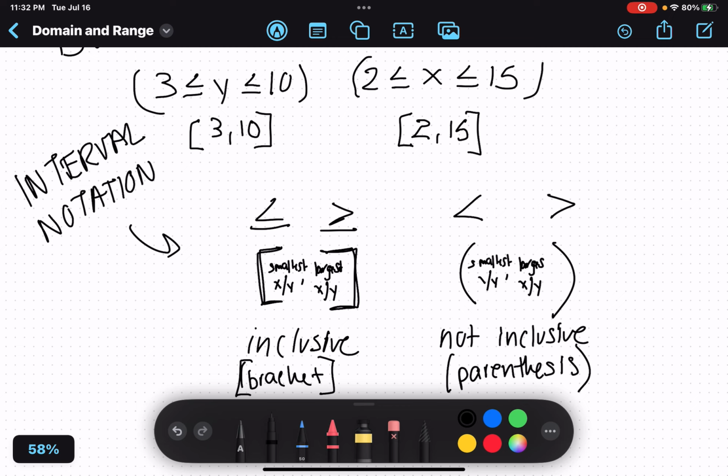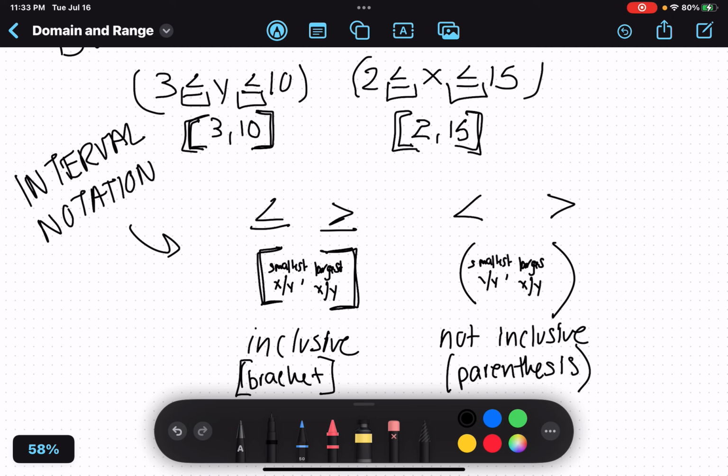In this example, we used the ones with the less than or equal to sign, which shows why I wrote it here with a bracket.